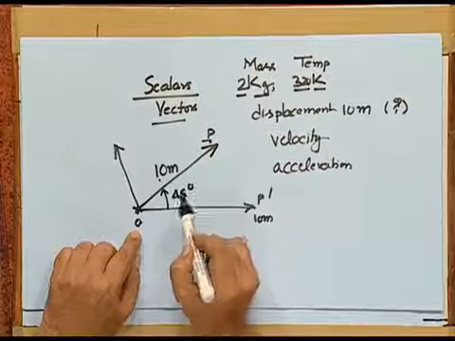This is one way of specifying. Another way of specifying could be that the location of P is 10 meters north of east. That is, as long as we are specifying not only magnitude in terms of 10 meters, but the direction either in terms of 45 degrees with respect to this axis and going in the anticlockwise sense.